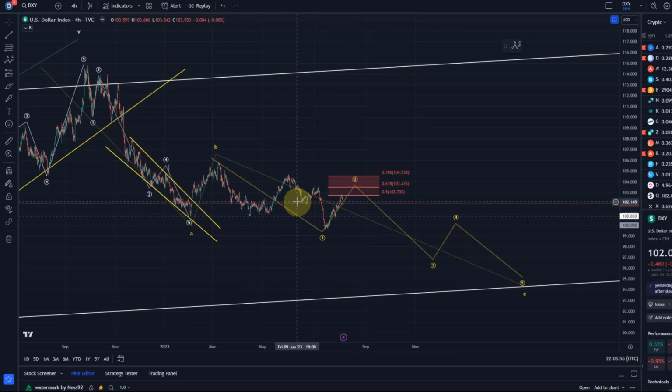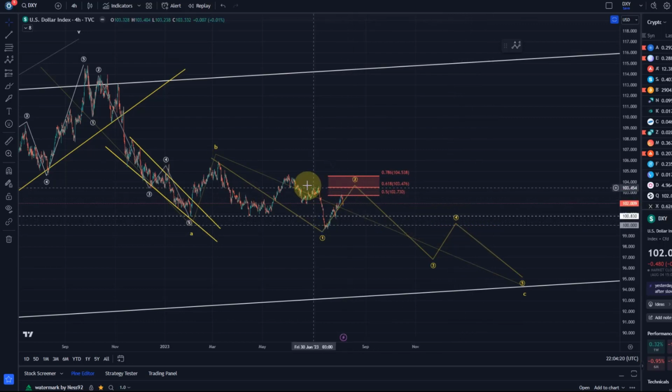The point I want to make here is that the subwaves would be corrective waves, which makes everything here very, very difficult, because B waves are some of the most difficult waves around across asset classes, and in every subwave here you will have a B wave. So it's not going to be an easy ride lower and not an easy grind.